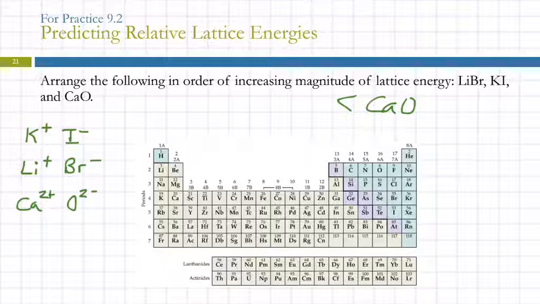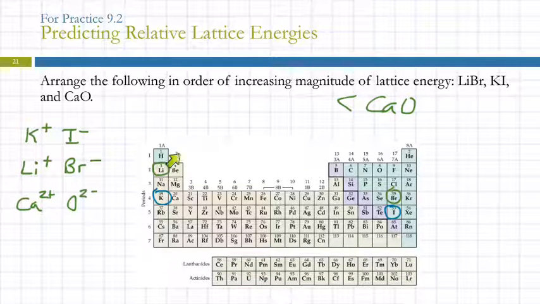Well, let's find these in the periodic table. So here's lithium and bromide. And then we've got iodide and potassium. So lithium and bromide are larger or smaller than potassium and iodide? Smaller.